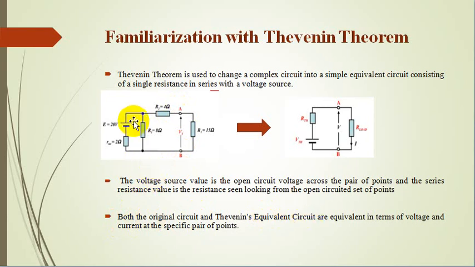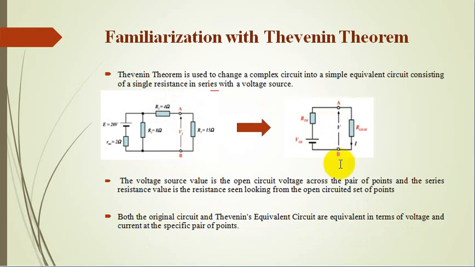Here is a very important statement: both the original circuit and the Thevenin equivalent circuit are equivalent in terms of voltage and current at the specific pair of points. Specific pair of points means A and B in this figure.